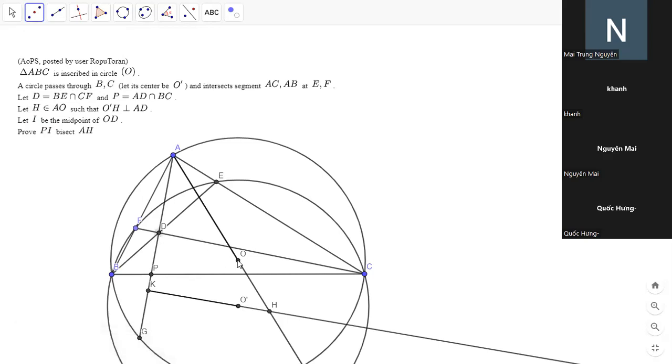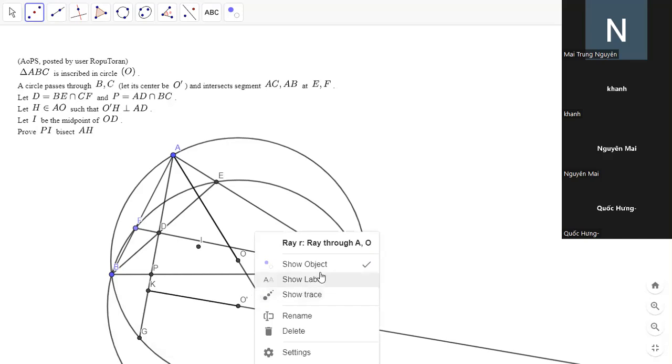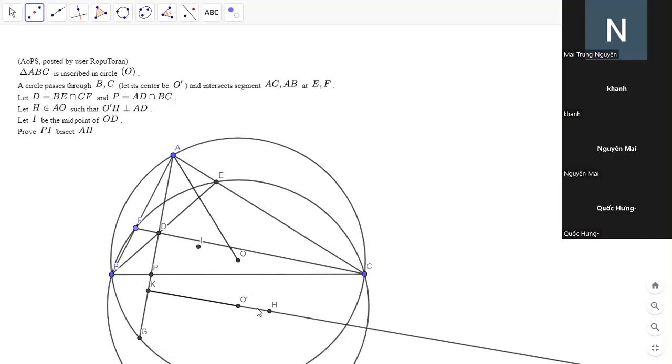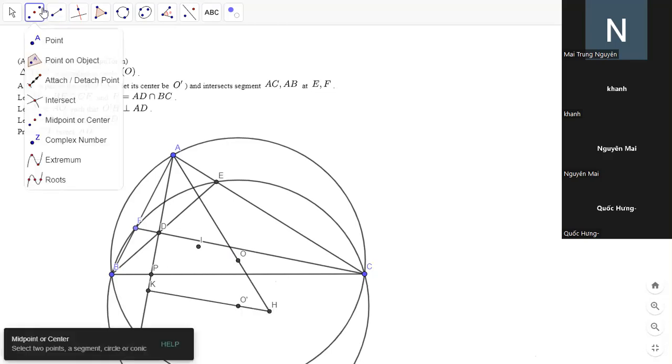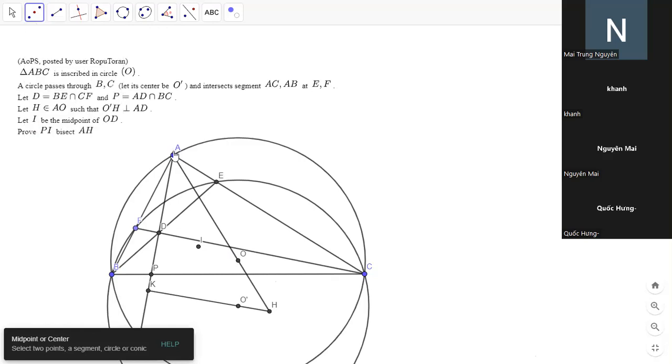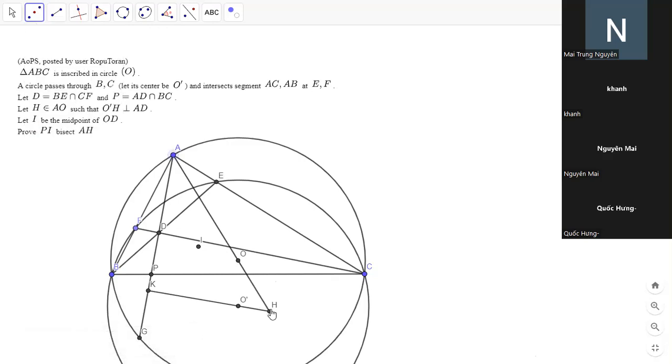And we want to show that PI bisects AH. All right. So I guess I could draw the midpoint of AH, and this looks a little like the Gauss line kind of.